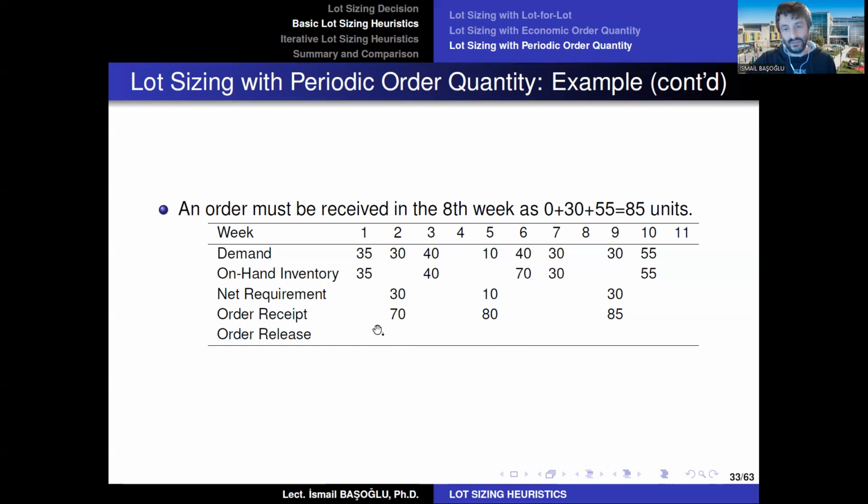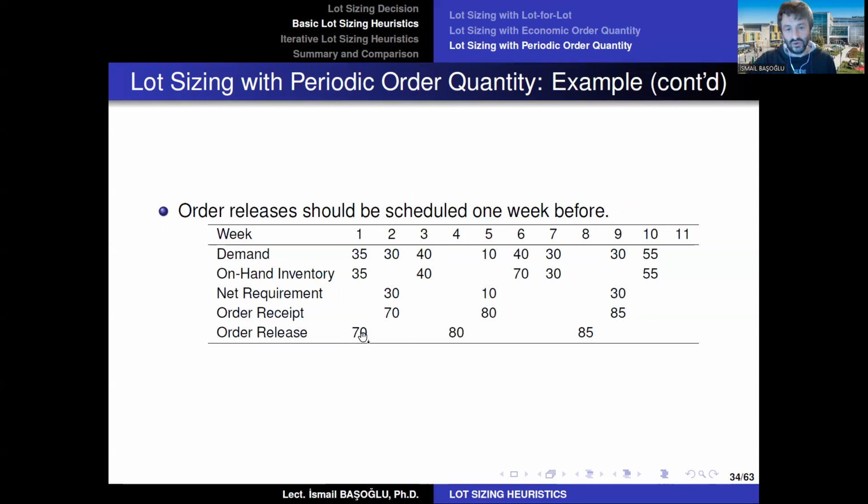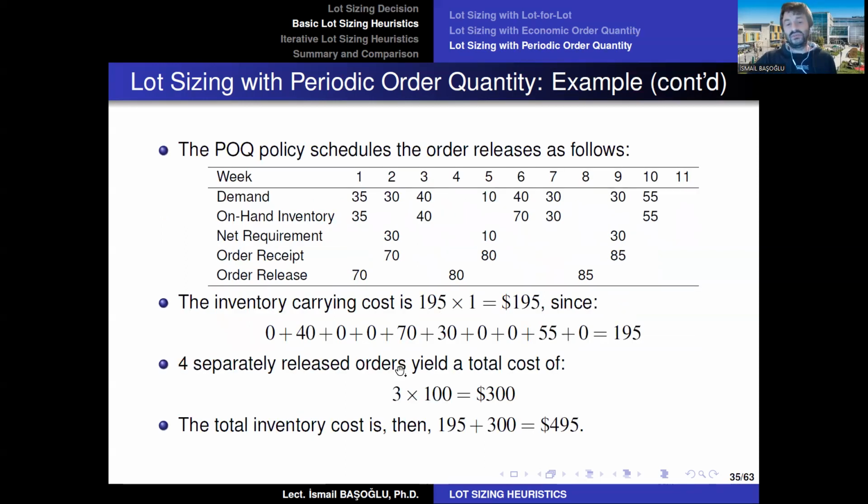So in this plan, again, we know the supply lead time is 1 week. Therefore, in order to get these planned order receipts, we need to release the corresponding orders 1 week earlier. We will be receiving 3 separate orders, my friends, which will cost us a total of $300. For each order release, we pay a fixed ordering cost of $100.